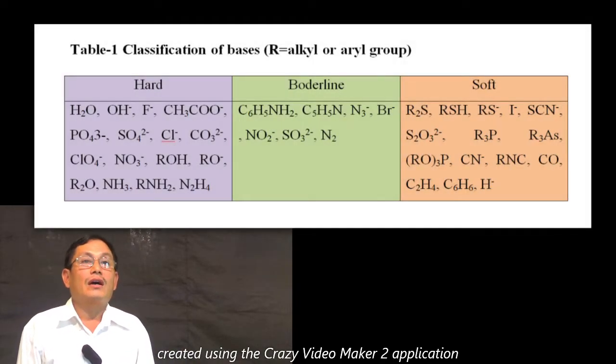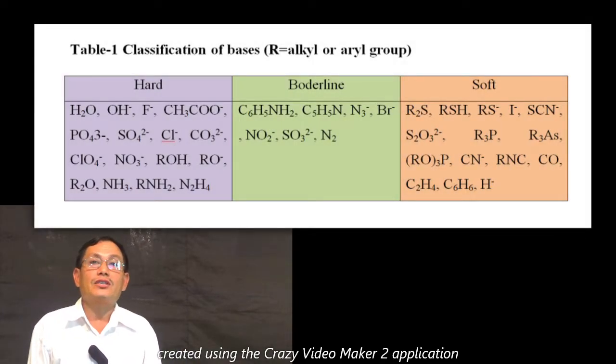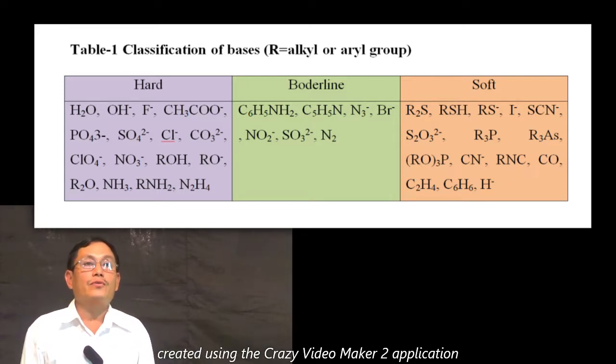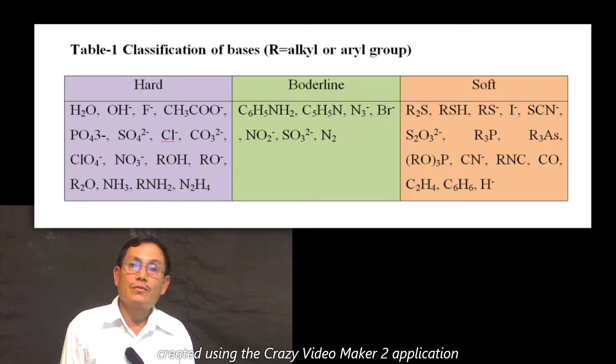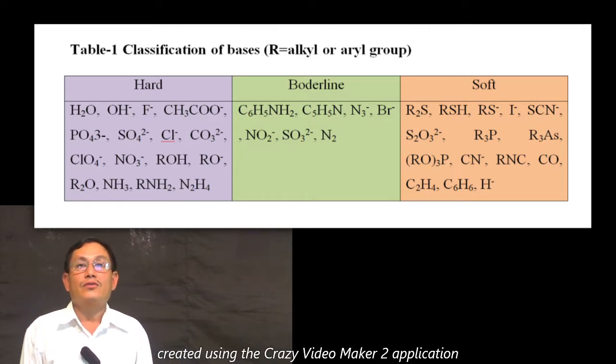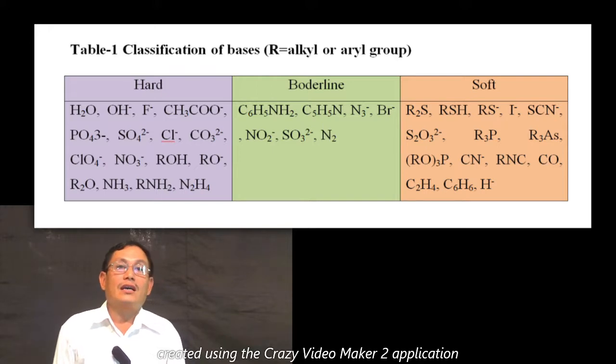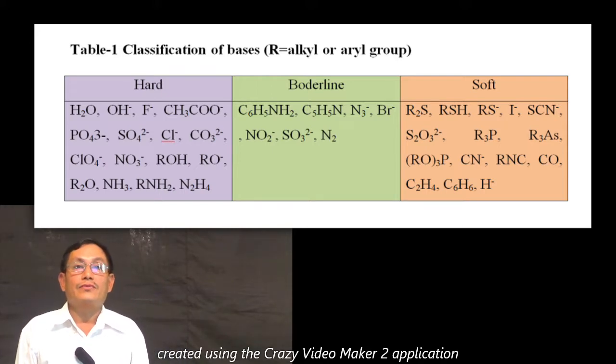Hard bases: H2O, OH minus, F minus, CH3COO minus, PO4 3 minus, SO4 2 minus, Cl minus, CO3 2 minus, ClO4 minus, NO3 minus, ROH, RO minus, R2O, NH3, RNH2, N2H4, where R is an alkyl or aryl group.